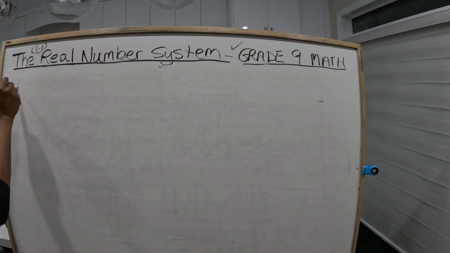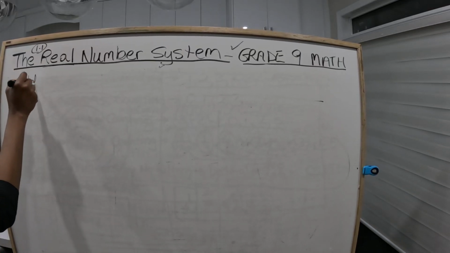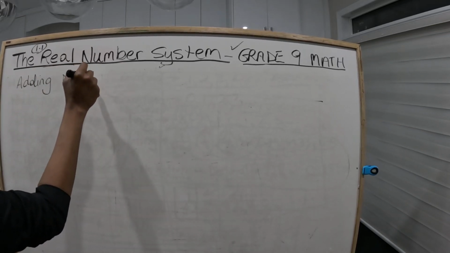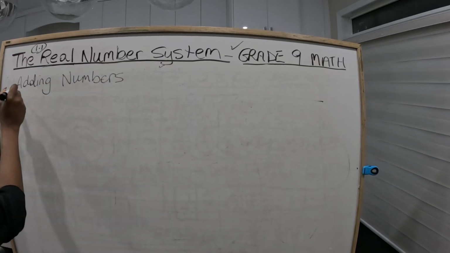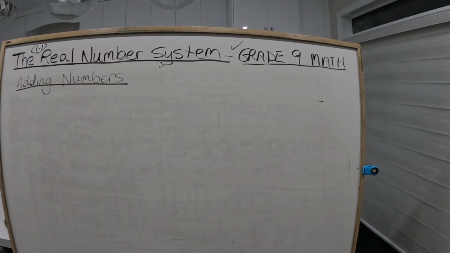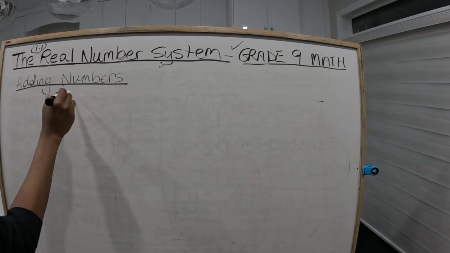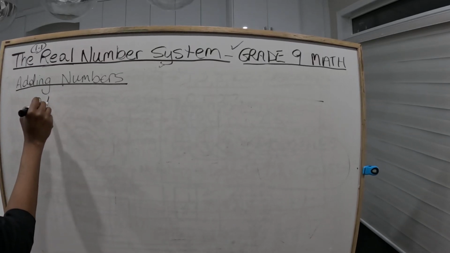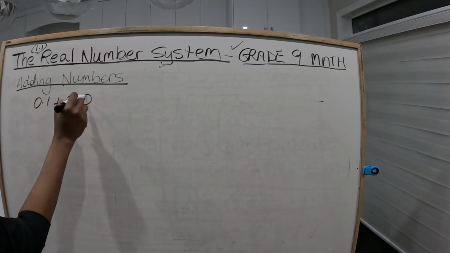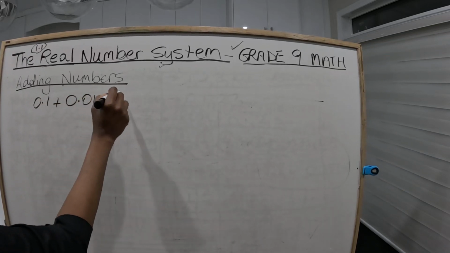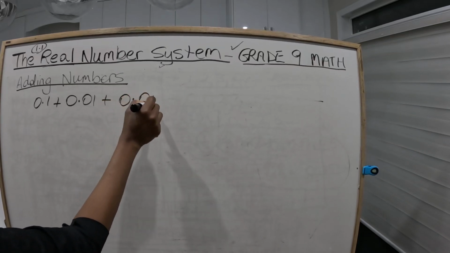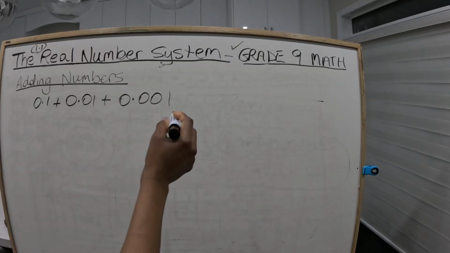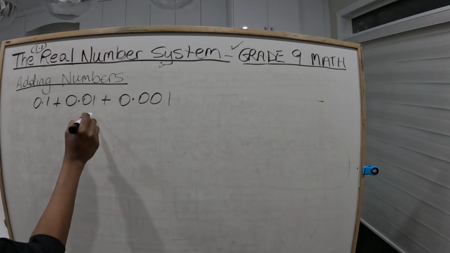So when you're adding numbers, it's important to know how to add decimals. So we're going to add these numbers: 0.1 plus 0.01 plus 0.001. How do you put that in the formation that you need to put it in? So it would have to be like this.